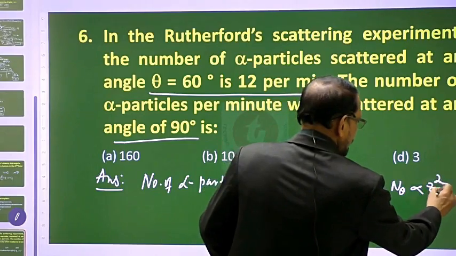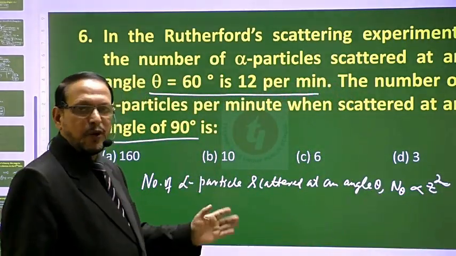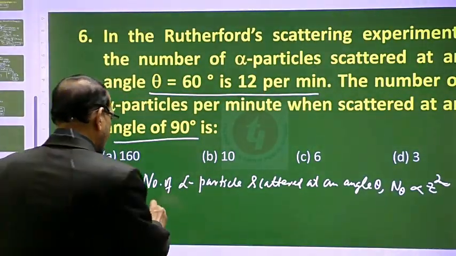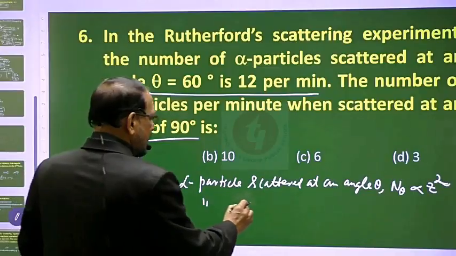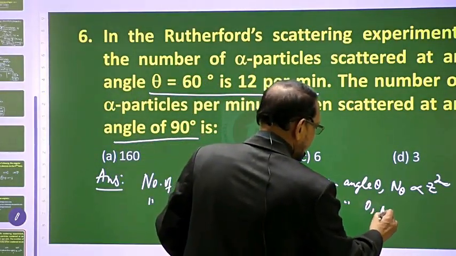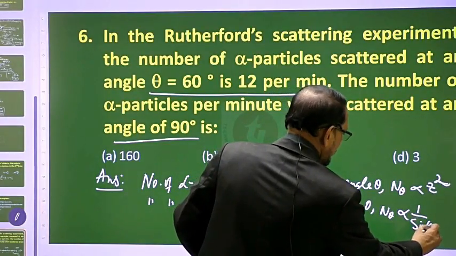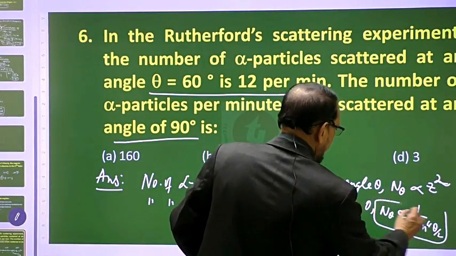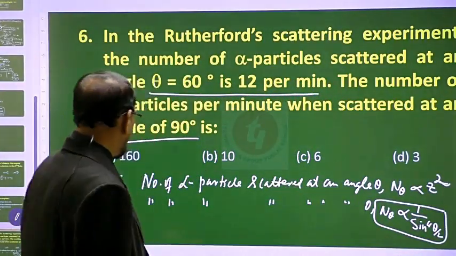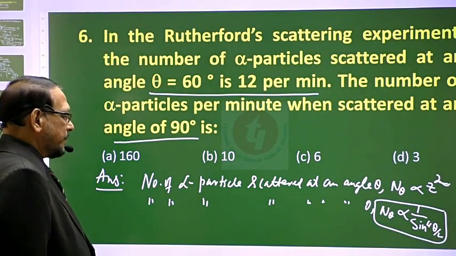When a question comes where the gold foil is replaced by another foil, they use this formula. Another formula, when the angle is changed: the number of alpha particles scattered at an angle theta is inversely proportional to sine to the power 4 of theta by 2. This is the formula we use over here.